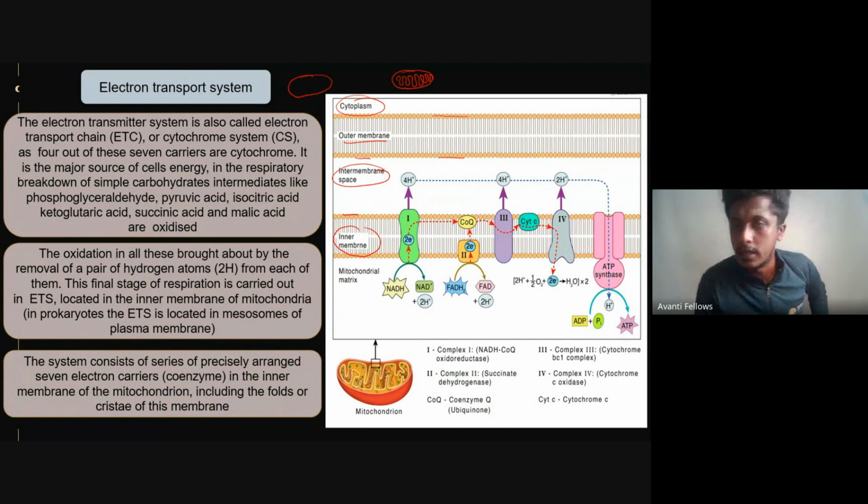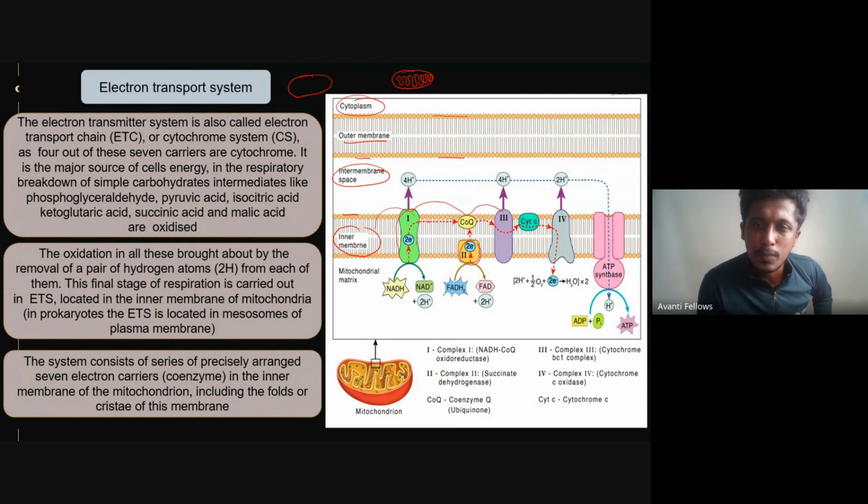What is happening in this inner membrane? The inner membrane has some elements embedded within it, which we call complexes. Let's say we have 5 complexes. These complexes are specialized to act as the electron transport chain.